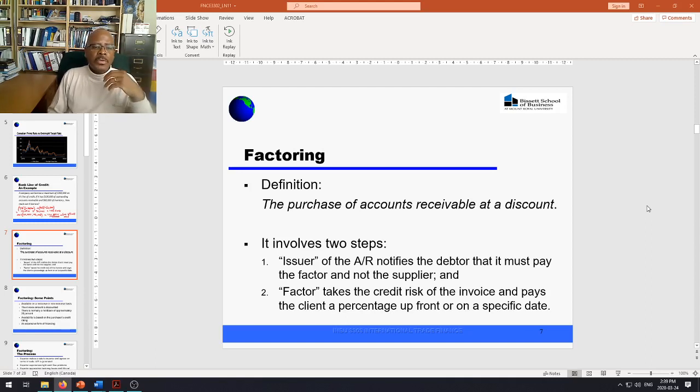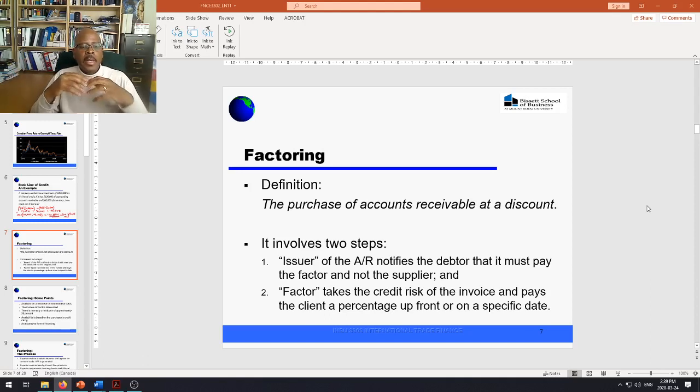It generally involves two steps. The first step is the exporter, who is the issuer of the accounts receivables. The exporter sells the goods to the importer and receives an accounts receivable on their books. The exporter then notifies the importer that instead of paying the exporter, the importer should pay the factoring house, the so-called factor.